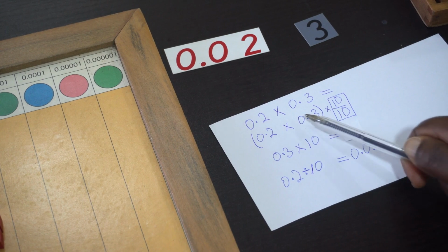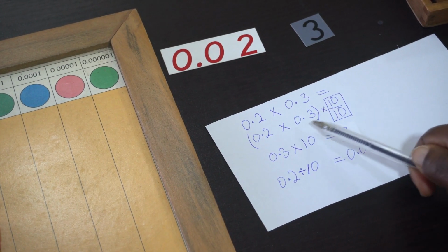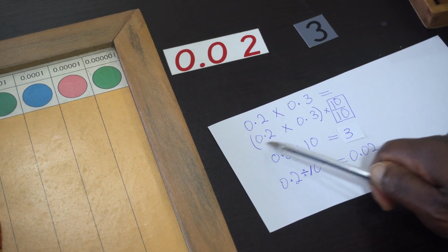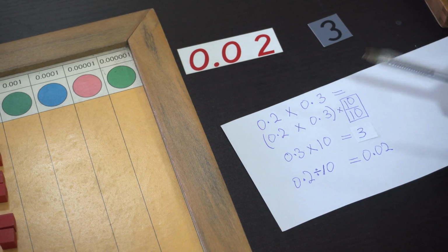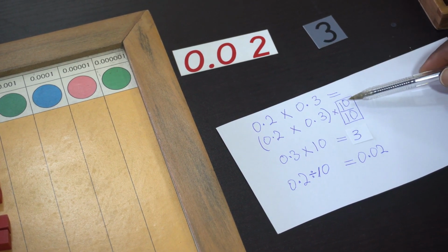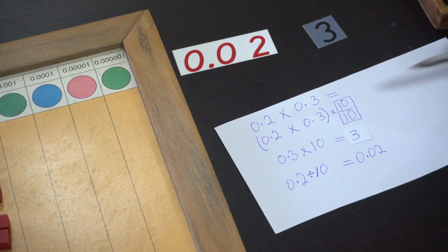If we multiply the multiplier by 10, we have to divide the multiplicand by 10. So that's what we have here, 10/10 multiply. Remember, 10/10 is the same thing as 1.